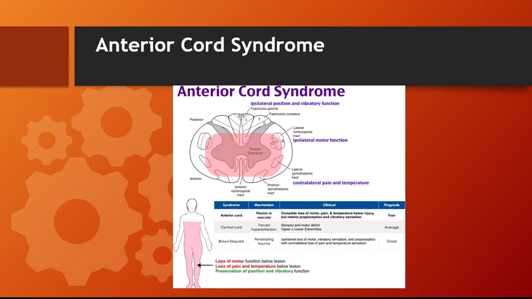So keep in mind that within your artery, let me see if I can draw it here. So as we've got our artery here, if we've got part of the fragment that is impinging on that, that's going to reduce blood supply. And so we're going to begin to see signs and symptoms.